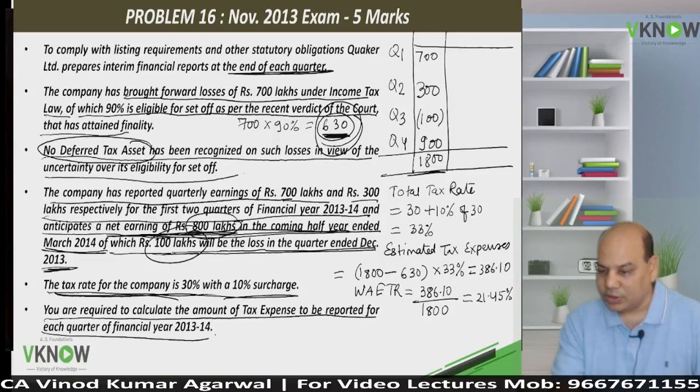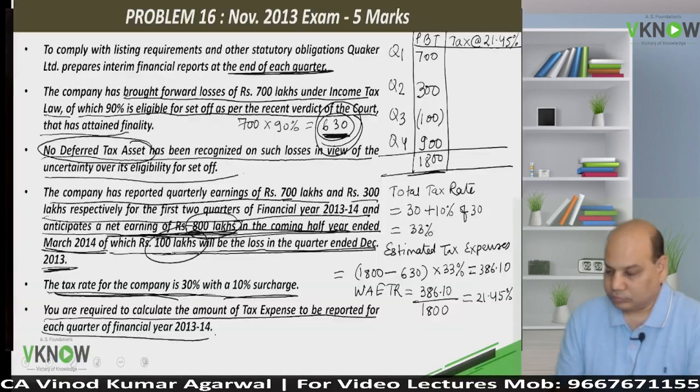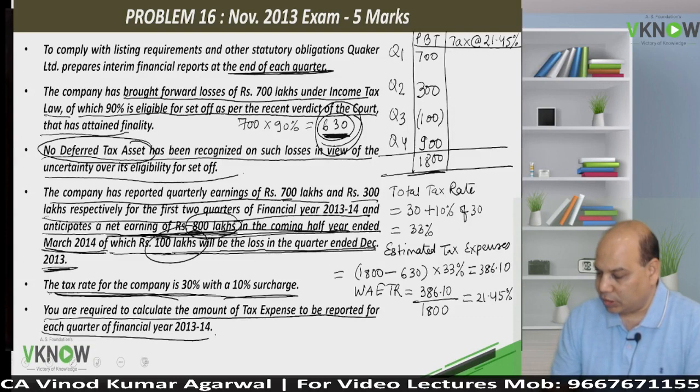Now you come to this table. This is our PBT at the top and tax at the rate of 21.45%. So the student will take calculator and multiply 700 into 21.45%.